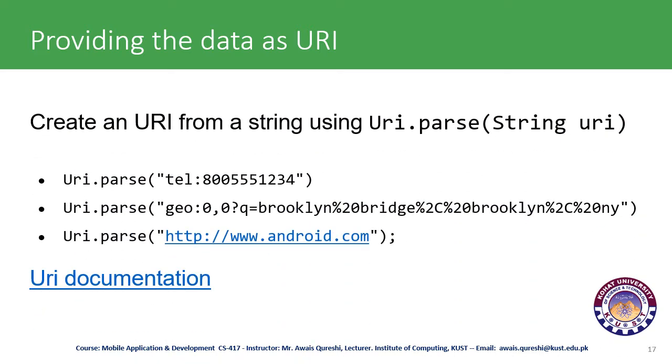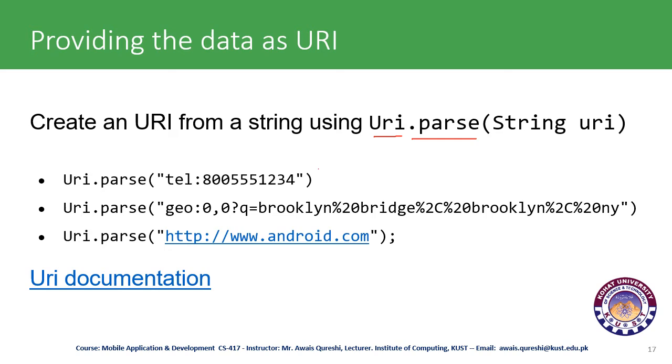So let's move on. Providing the data as URI. What is the syntax of providing the data as URI? Creating a URI from a string using Uri.parse(string). Okay. So this is a class, and this is a method which parses the input argument, and the input argument is a string.